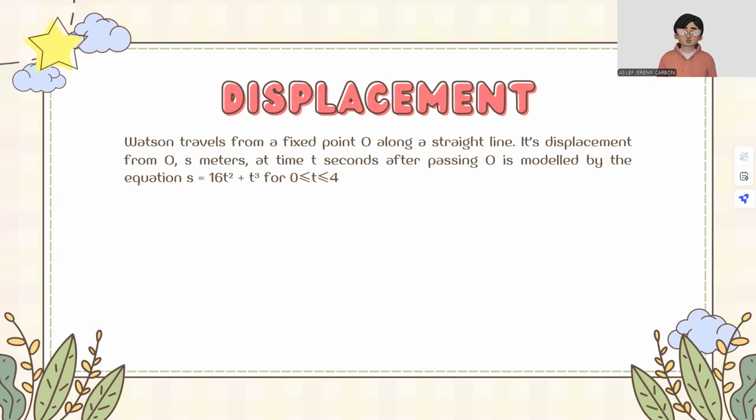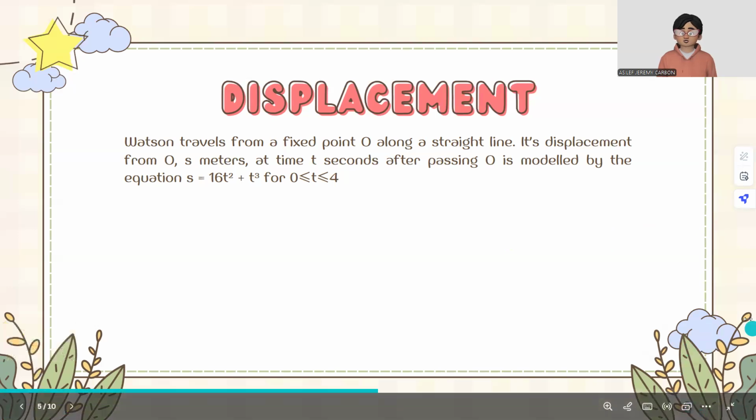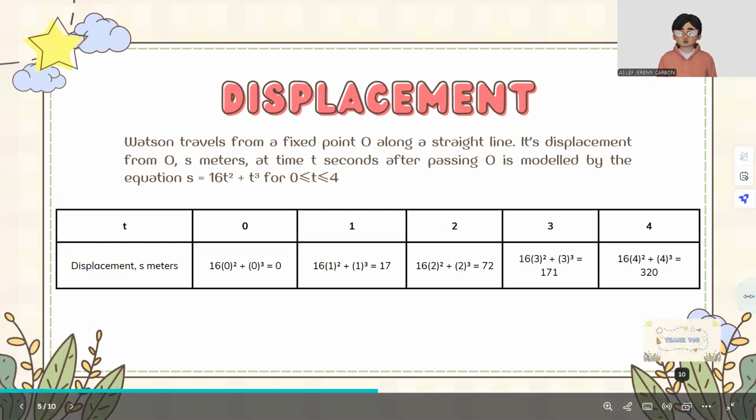to 4. If you don't follow, let's create a simple table as shown here, where we have two rows, which represent t, which is time, and displacement, which is S. In order for us to solve for S given t, all we have to do is substitute t with its value in the given equation.